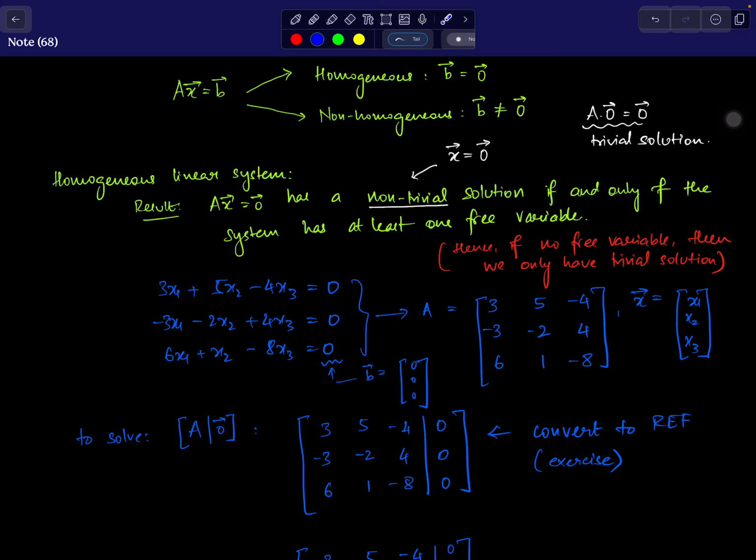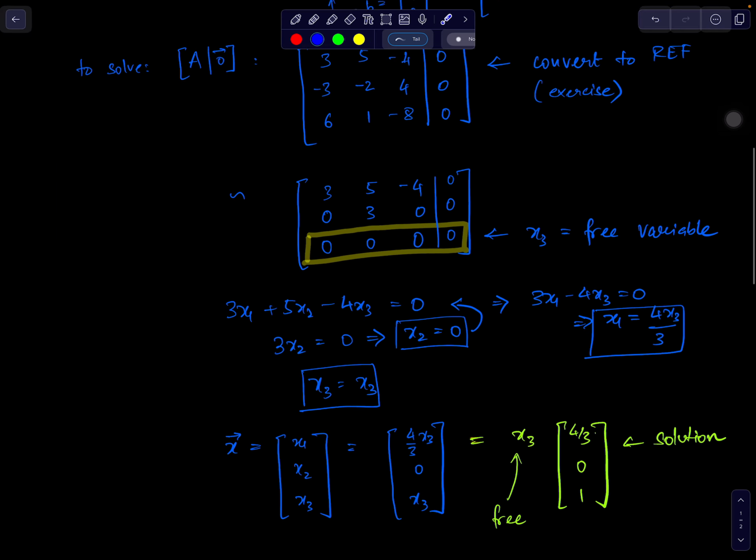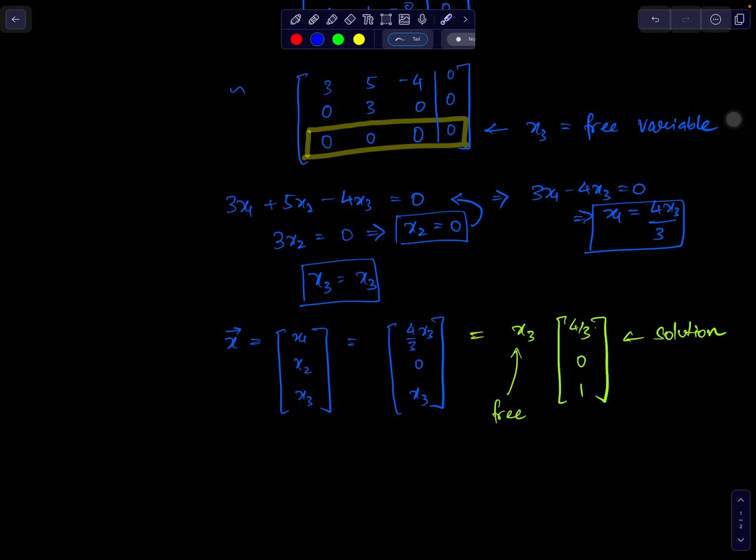Because if you multiply the zero matrix to anything, you get the zero matrix. But if you want something interesting and non-trivial, then you want a scenario where you have at least one free variable. Okay, so that is what we have here. That is the solution of this homogeneous system.